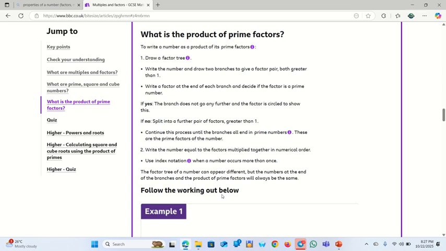And the factor is circled to show this. If not, split into a further pair of factors greater than 1. Repeat this process until the branches all end in prime numbers. These are the prime factors of the number.